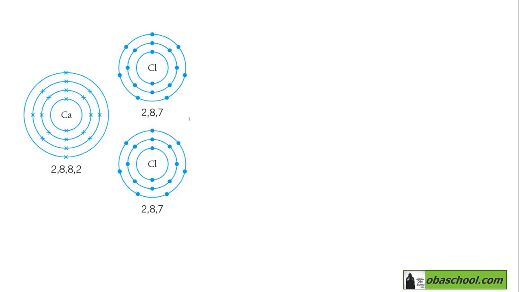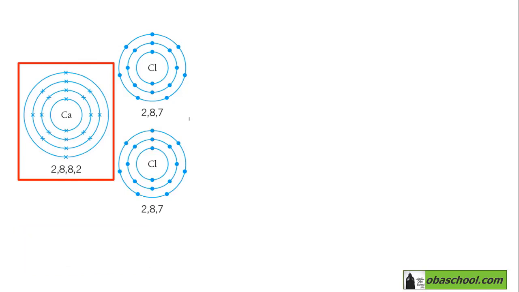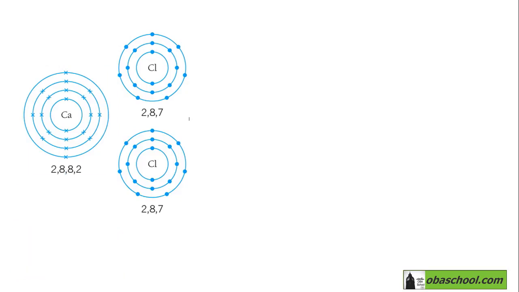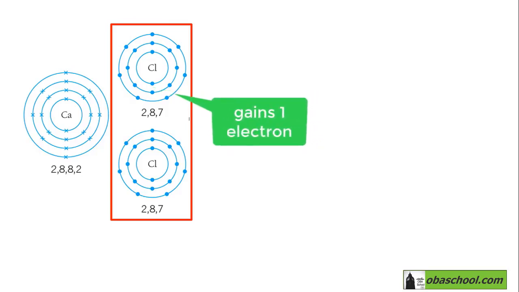If we look at the following example, which is another example of an ionic compound, calcium chloride. Each calcium atom has the 2,8,8,2 electronic structure. It needs to lose 2 electrons, but each chlorine atom needs to gain only 1 electron.